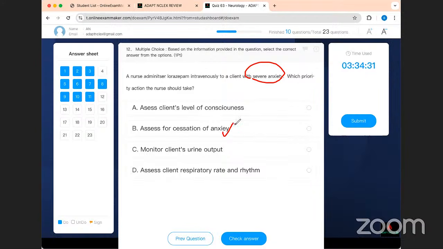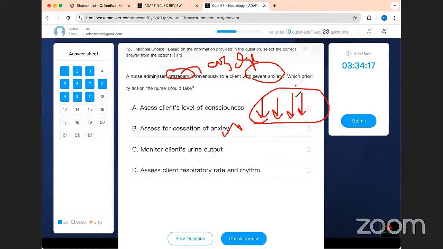It's irrelevant. This medication, Lorazepam, is what? Central nervous system depressant. So all your symptoms are going to start going down, right? So you check, number one, their respiratory status that is going to be affected. This anxiety is going to go away. Who cares, right?